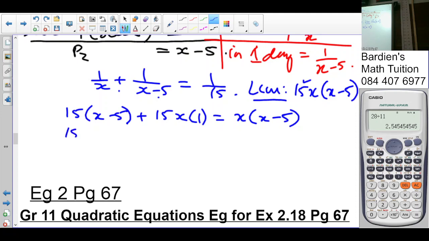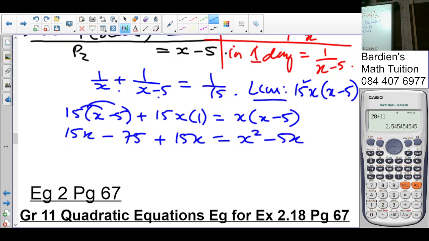Solve for x. There's going to be 15x minus, what's 15 times 5? 65. Is that correct? 75. Okay. Thank you. At least somebody is taking note. Plus 15x is equal to x squared minus 5x. So 0 is equal to x squared minus 5x minus 30x is minus 35x.